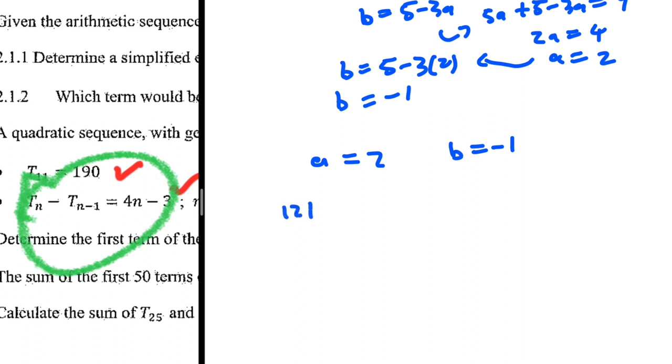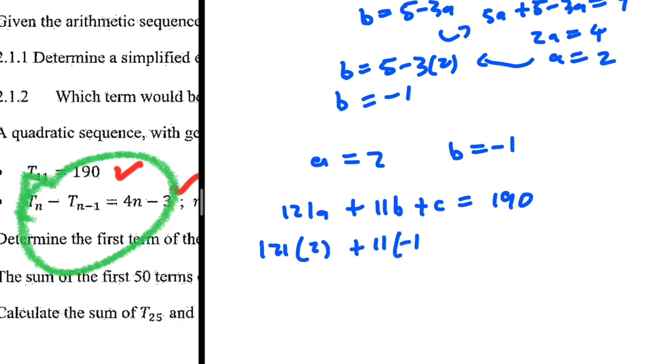121a plus 11b plus c is equal to 190. So 121 multiplied by 2 plus 11 multiplied by minus 1 plus c is equal to 190. So 121 multiplied by 2 minus 11, we get 231 plus c is equal to 190.